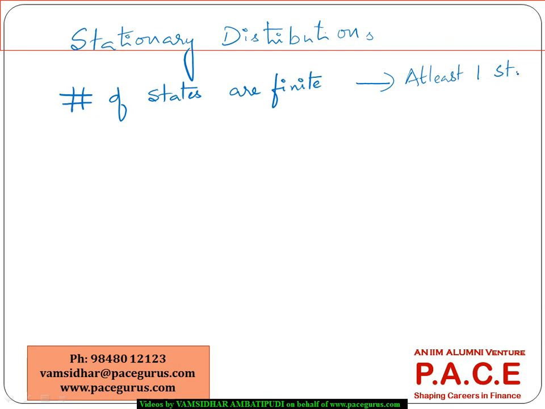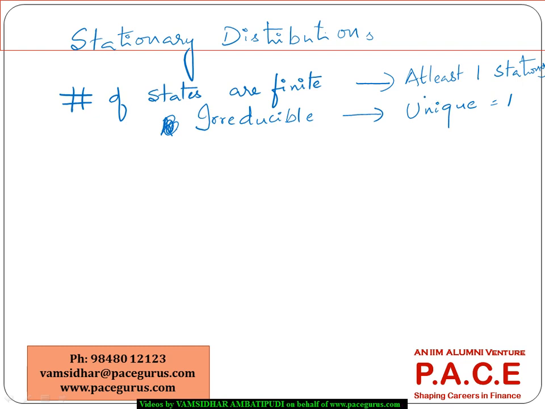You may find more also, but at least one will be there. But if along with the number of states being finite, every state can be reached from every other state also, not just a finite number of states, but if it is irreducible also, then we are talking about not at least one, it's only one stationary distribution that is available.